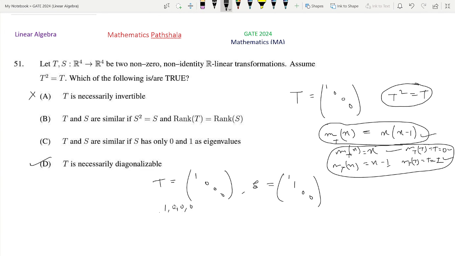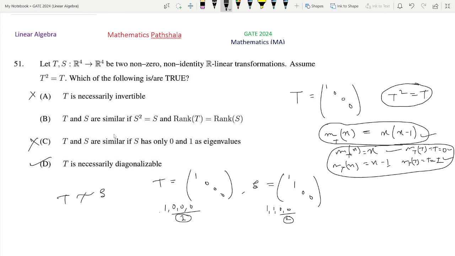That is, 0 is an eigenvalue with algebraic multiplicity 3, and the eigenvalues of S are 1, 1, 0, 0. That is, 0 is an eigenvalue of S with algebraic multiplicity 2. So if T and S were similar, this could not be true. So we have a matrix S such that S has only 0 and 1 as eigenvalues, but T and S are not similar. So option C is not true in general.